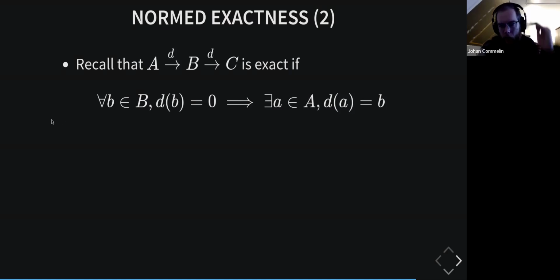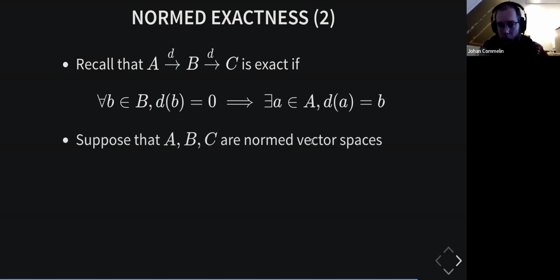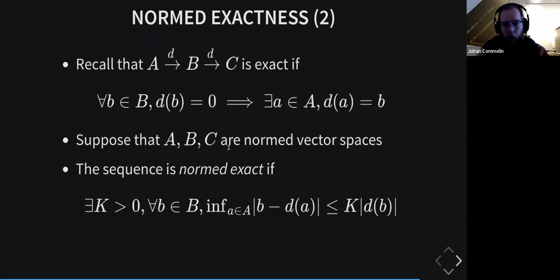And we have some equality signs, etc. Okay, I didn't tell you maybe how to interpret 0, but it's going to be a special point in the metric space, and the metric space is going to be a normed vector space, say. Okay, so then we can run this translation table, and the output is what we will call normed exactness.